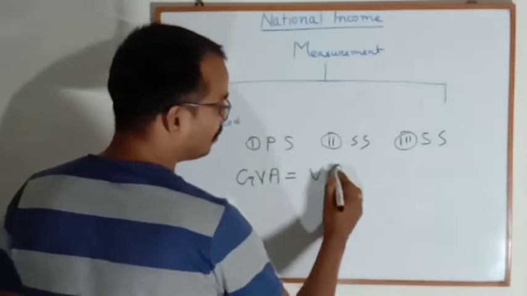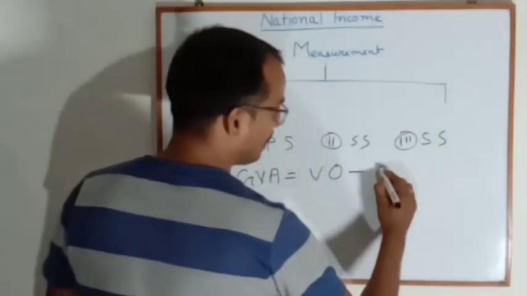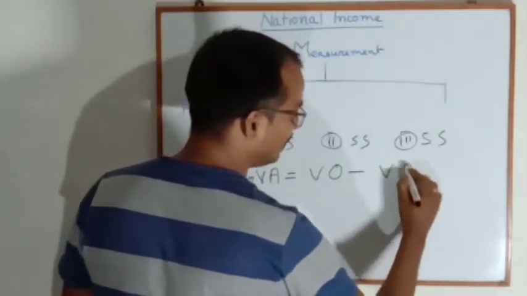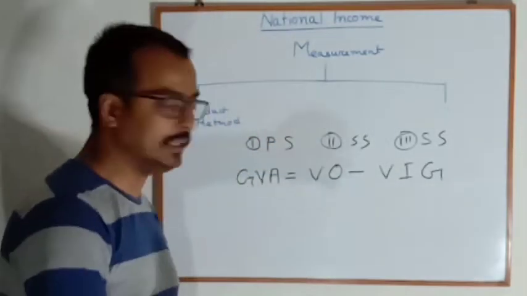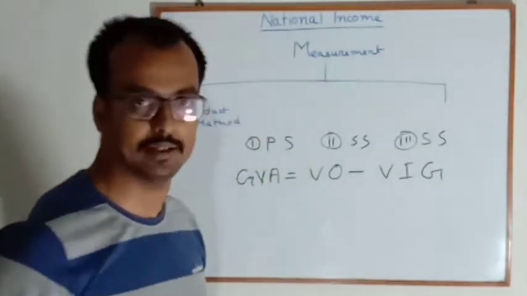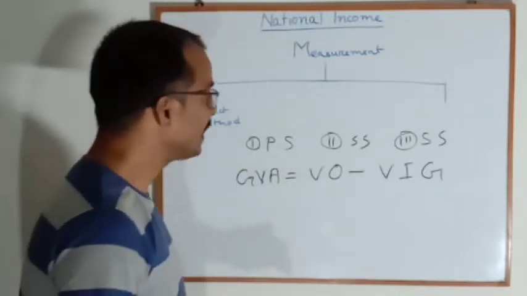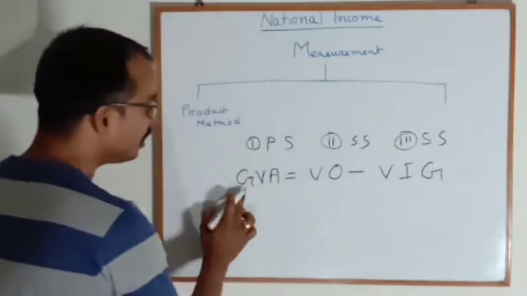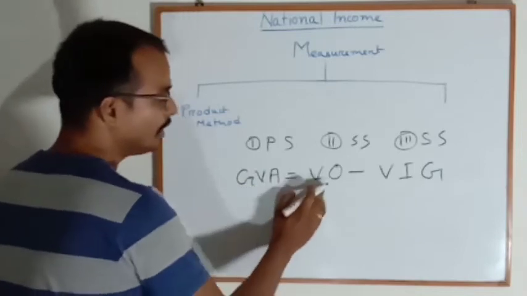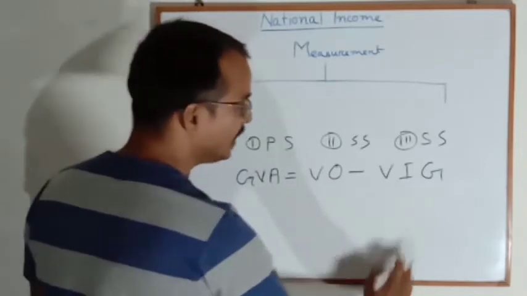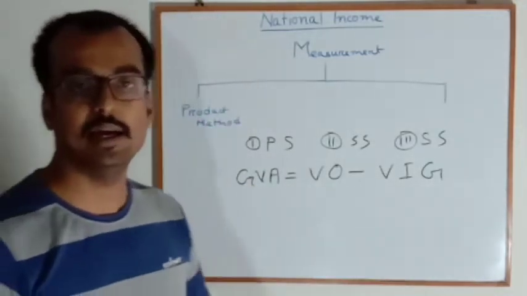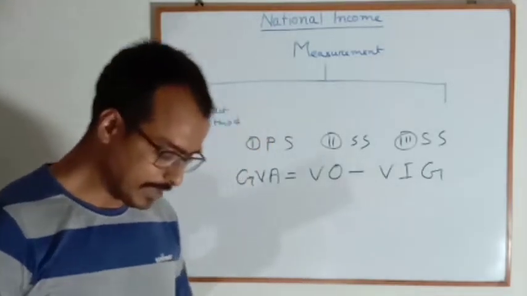Value of output minus value of intermediate goods. I am saying everything but not writing it here. It will take time. It's there in the book, you go through. So gross value added is equal to value of output minus value of intermediate goods.